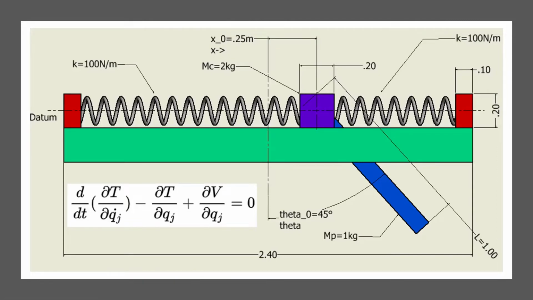So we're going to see x double dot and theta double dot. It's going to be a set of two ordinary differential equations of second order to describe it properly. And then we'll solve those equations using ODE45, and then we'll use the results to animate and generate some plots. So let's start solving this.